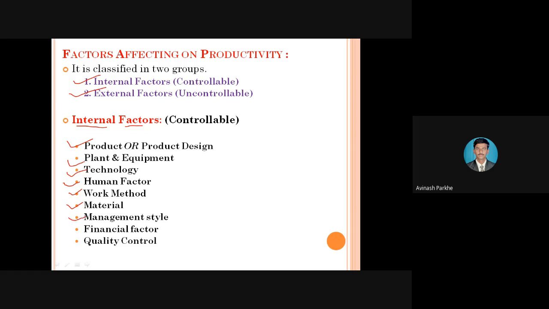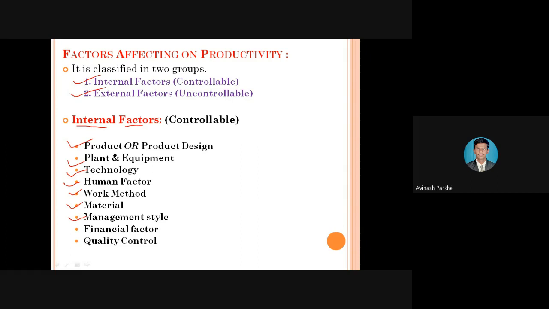Then next is the management style. Management style means there should be proper relation and proper communication between management, supervisors and the workers. If there is no proper relation between management, supervisor and the worker, effective utilization will not take place. They cannot work in an effective manner.